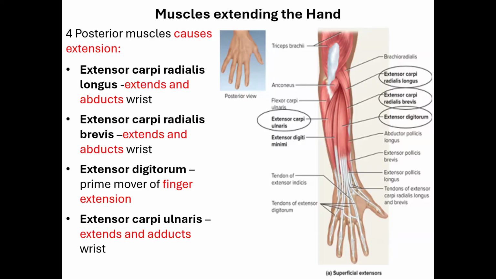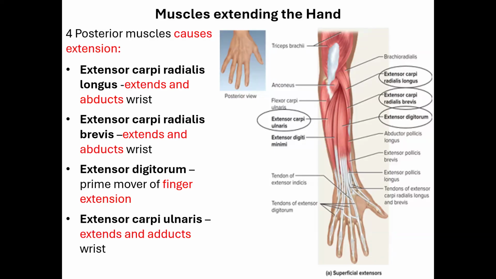Again, you have an extensor radialis, which means it's on the thumb side. You have an extensor ulnaris, which means it is on the pinky side. So one is here, one is here, right?